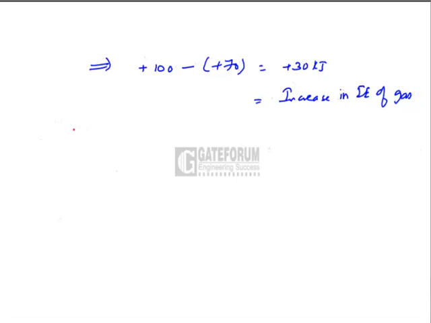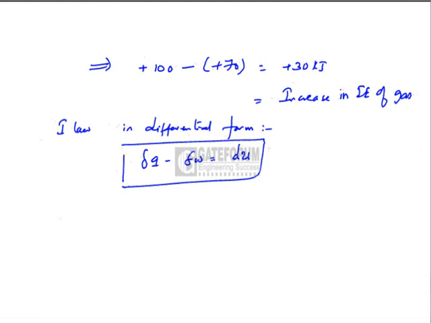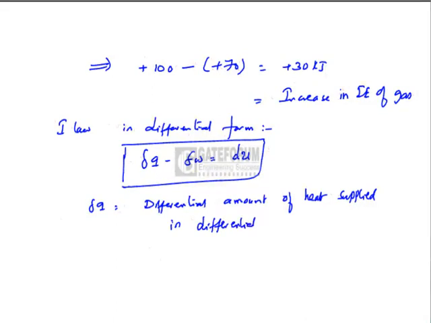In the differential terms, first law in differential form can be written as delta Q minus delta W is equal to dU, where delta Q is differential amount of heat supplied in a differential change of state or infinitesimally small change of state undergone by the system.